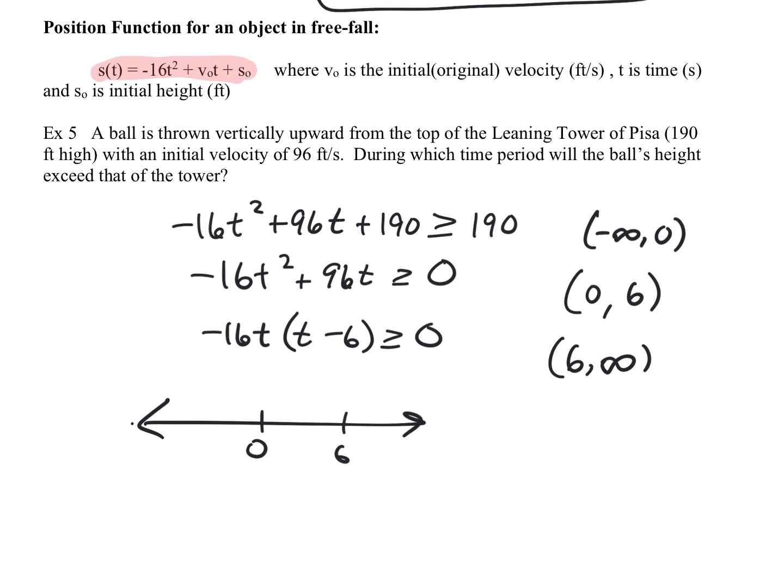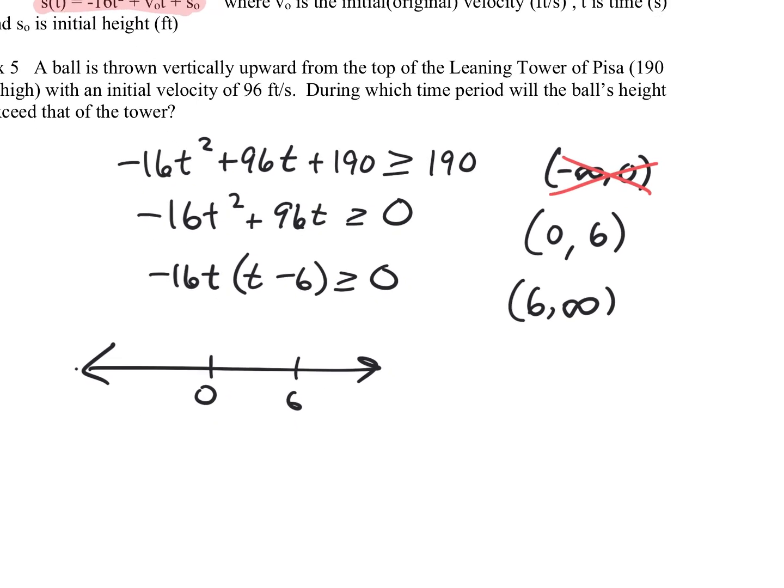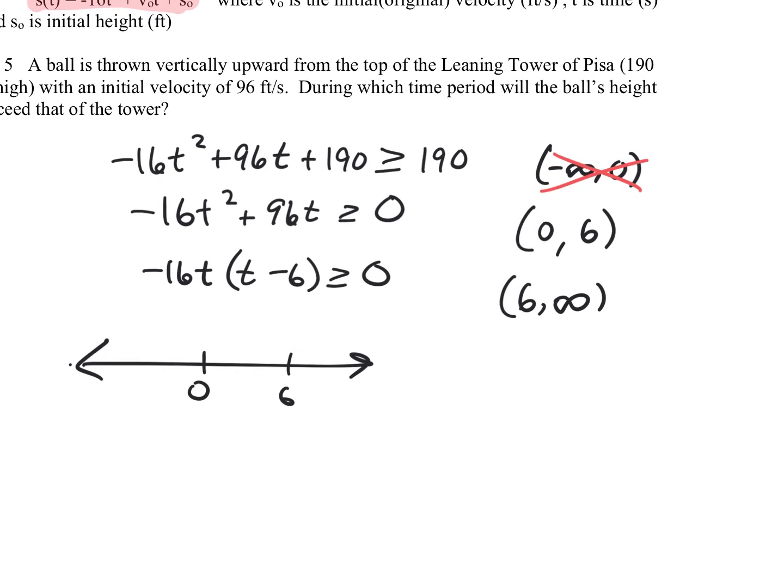If our input is time, negative time isn't really useful for our function. So all we really need to do is test two intervals. Between 0 and 6, let's check t equal to 3. And between 6 and infinity, let's let t equal 10.